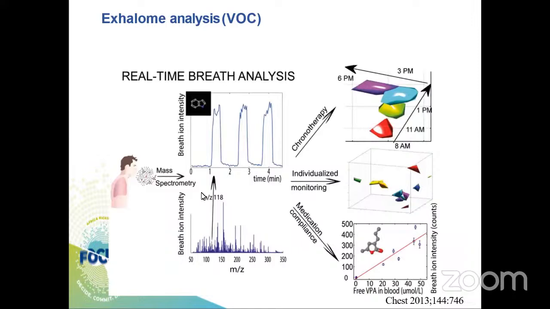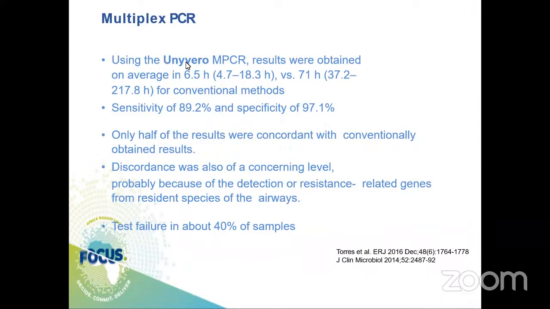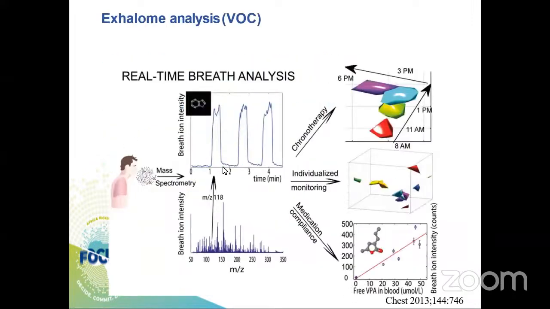So these are diagrammatic approaches of this tool and how you can do it. Real-time breath analysis: you breathe, and then using mass spectrometry, you can detect quickly within a specific time and get an analysis of the target organisms that have been identified.